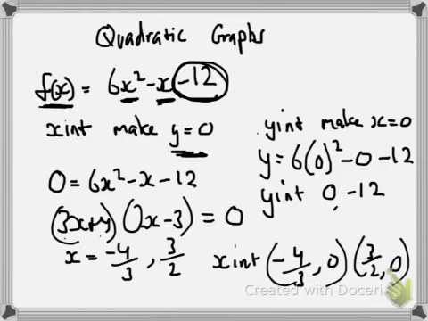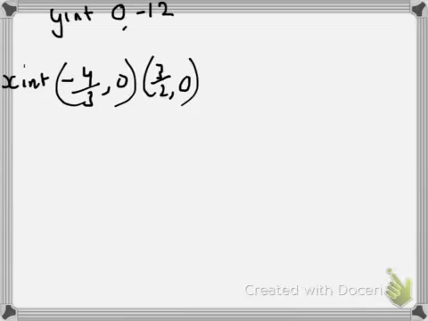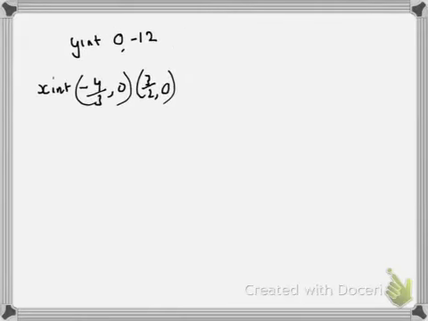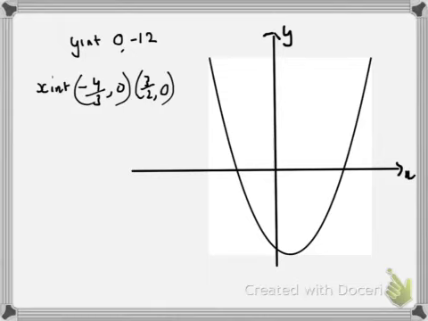So there we go. We've got our x-intercepts and our y-intercept. If we copy that over to the next slide, there they are, and we're ready to draw our graph. We've got our x-intercepts at −4/3 and also 3/2.